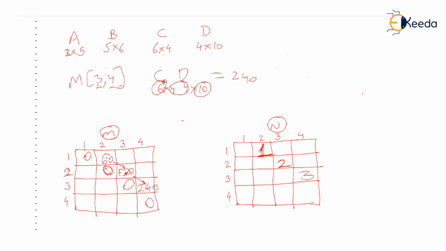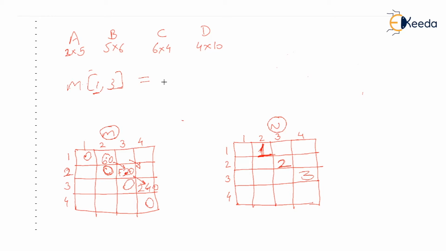Okay, now what? Now we are going to go upwards in the diagonal. So now the next entry that will be filled is M13. Notice here in the matrix M, we are filling M13 and then we will fill M24. So M13 means what? We are given the first three matrices, matrix 1 to matrix 3.